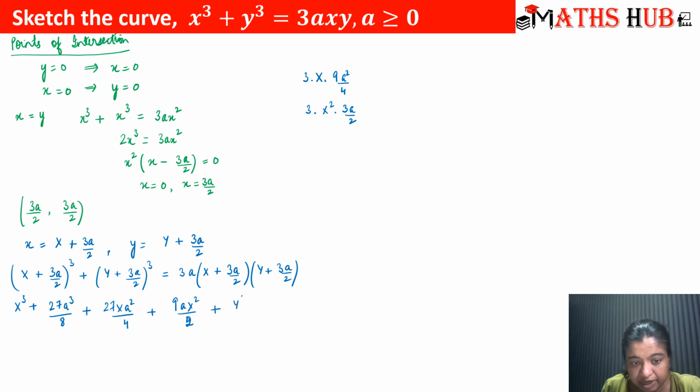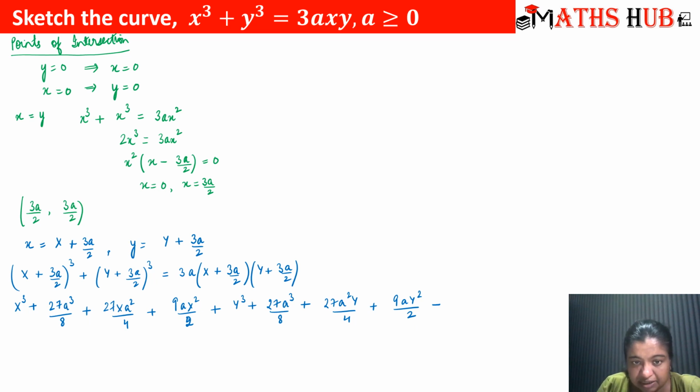Plus we'll get y cube plus 27a cube by 8 plus 27a square y by 4 plus 9a y square by 2 minus, now let's take these terms on the right hand side, and I'll just simplify it here and we will bring the terms on the left side, right?